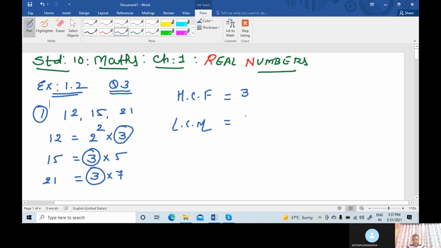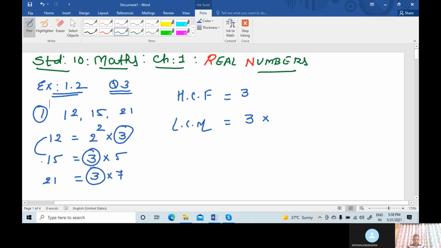Now write the LCM, the least common multiple. When we find the LCM, first we write the HCF. Now discuss the individual two numbers. First we find the HCF of each two numbers. Among 12 and 15, are any factors common?